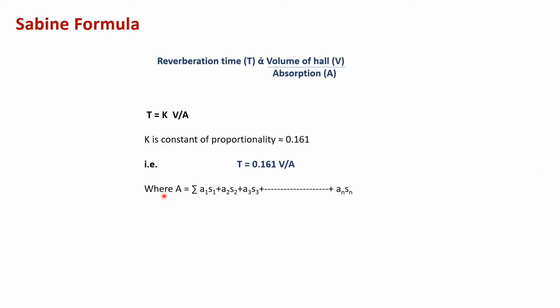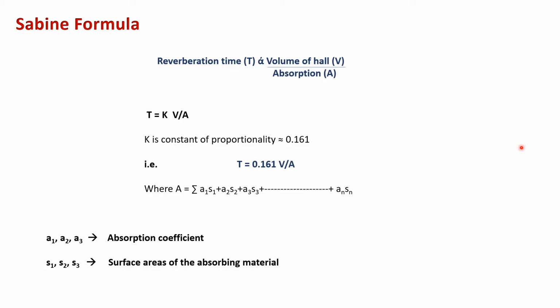To calculate total absorption in the hall, the formula is provided as summation A into S. If there are n number of objects, then we may consider the equation as summation of A1 S1 plus A2 S2 plus A3 S3 like this up to AN SN, where small a stands for absorption coefficient and S1, S2, S3 are nothing but surface areas of the various absorbing materials present in the hall.